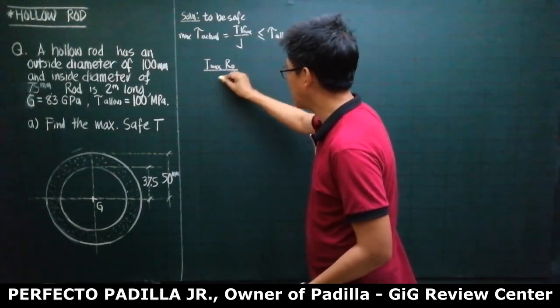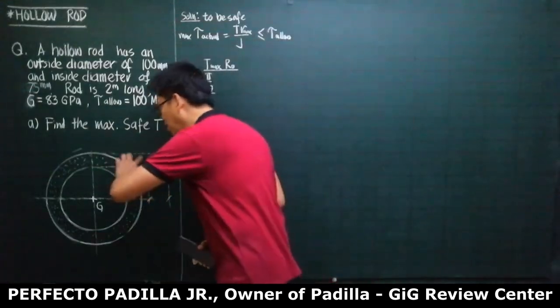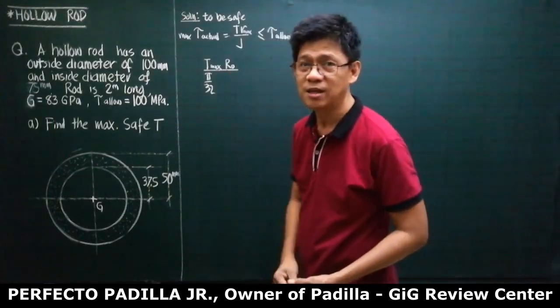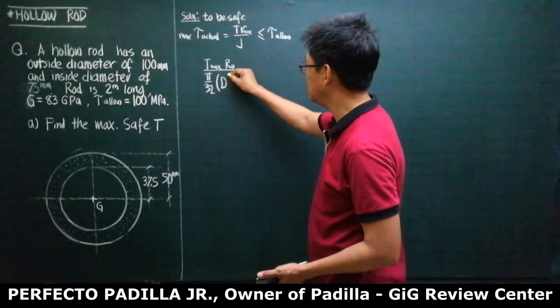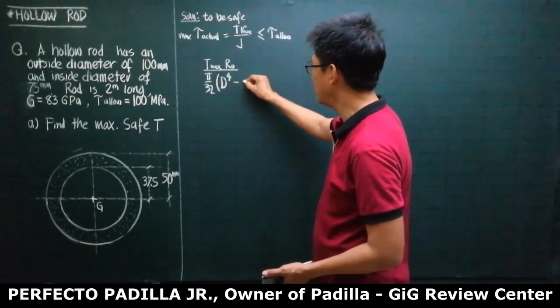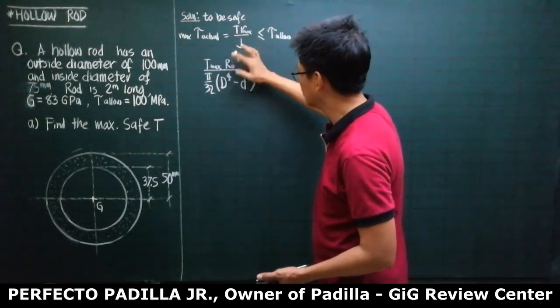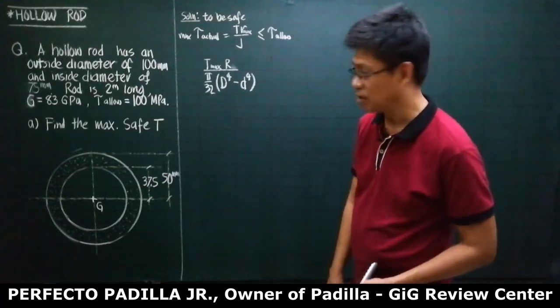Over J, where J is pi over 32, the J of the big circle minus the J of the small circle. So that is pi over 32 times d to the fourth minus small d to the fourth. I will just use big R to indicate R of the outer circle.